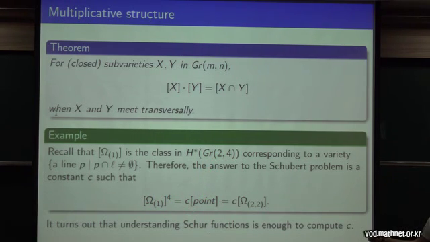It's just one 2-dimensional space, just one. So there's a constant C, and it turns out that understanding Schur functions is enough to compute this C. If this is too hard for you, then just remember this statement, because in the next slide I will do only combinatorics.